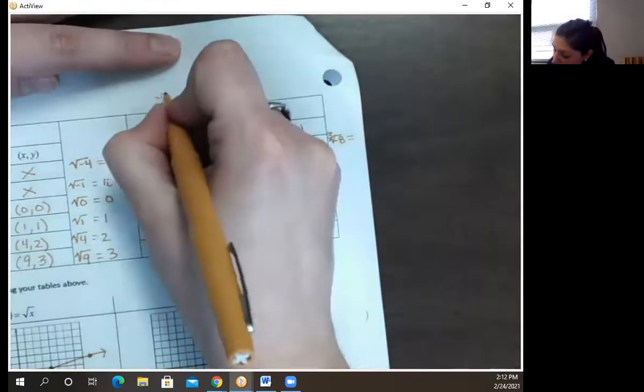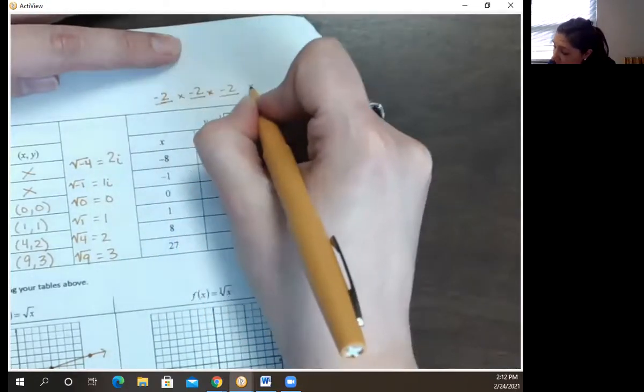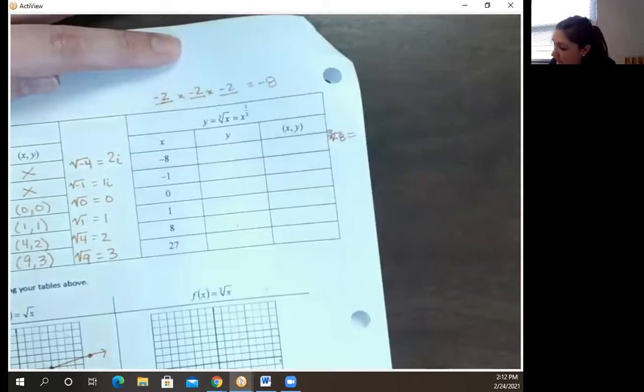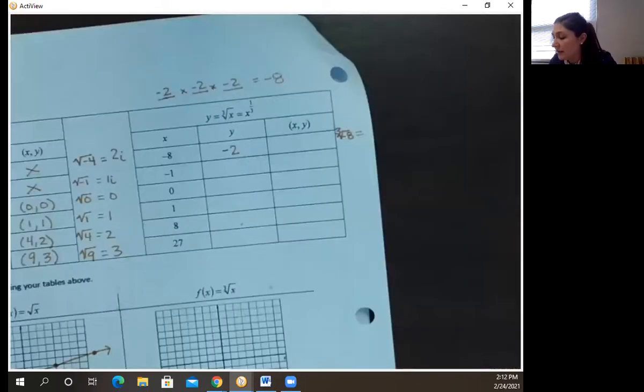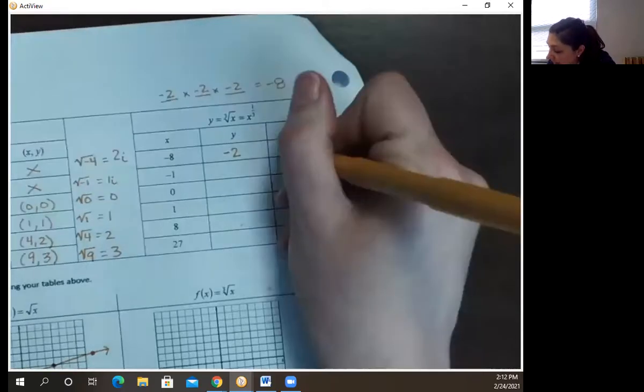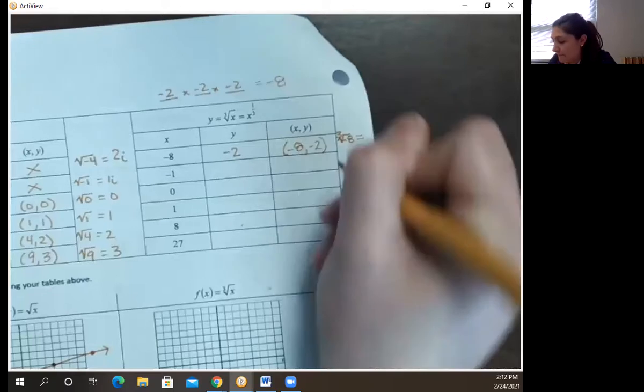And in fact, -2 times -2 times -2 would give me -8. So my solution here, if I evaluate what's the cube root of -8, would be -2. So with that negative value for x, I get a real value for y.